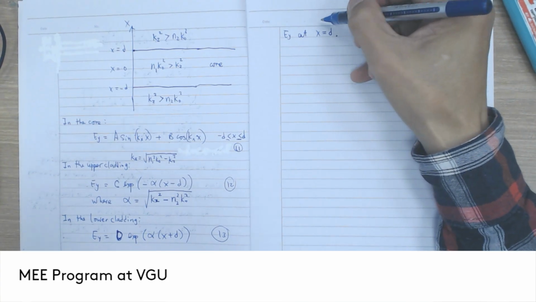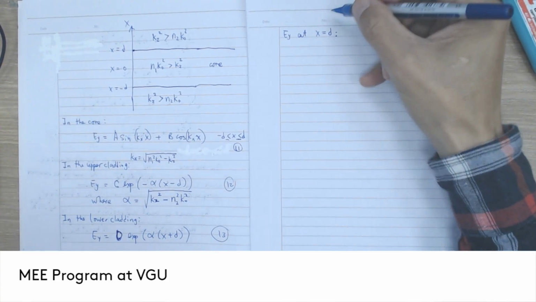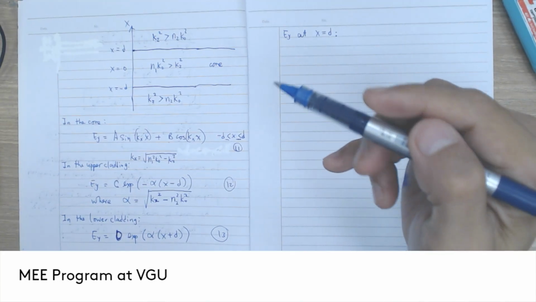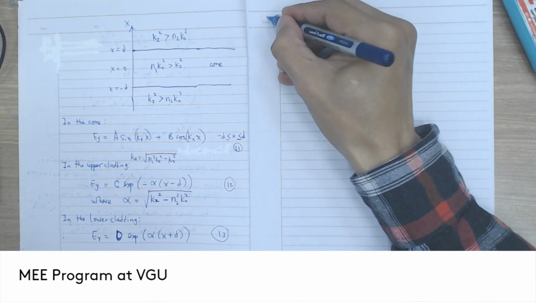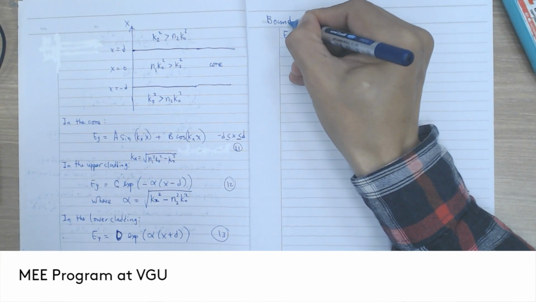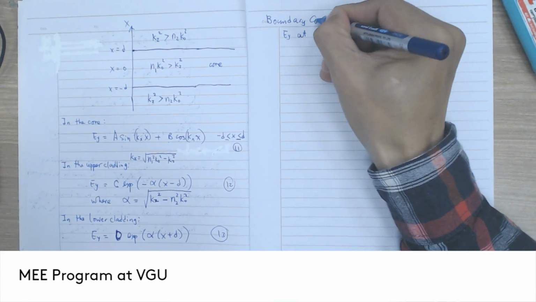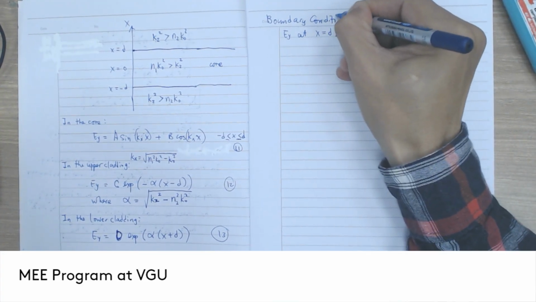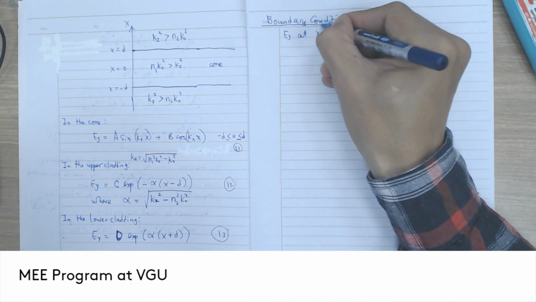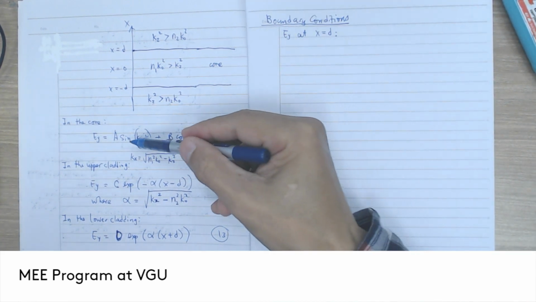So we are going to find E of y at x equal to d, the boundary condition. We use the boundary conditions to find out as many parameters as we can.